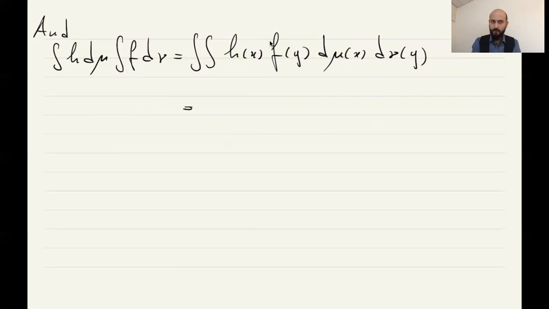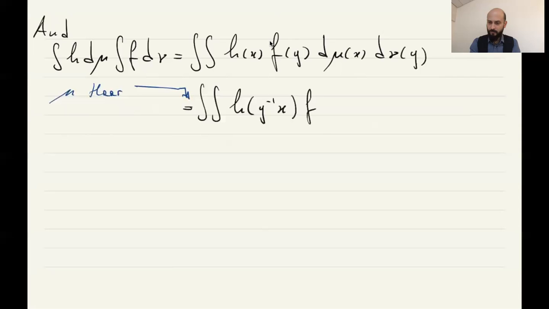What do I do now? Let's again use that mu is a Haar measure, and we multiply here by y minus 1. So we have the integral of h(y minus 1 x) f(y) d mu(x) d nu(y).